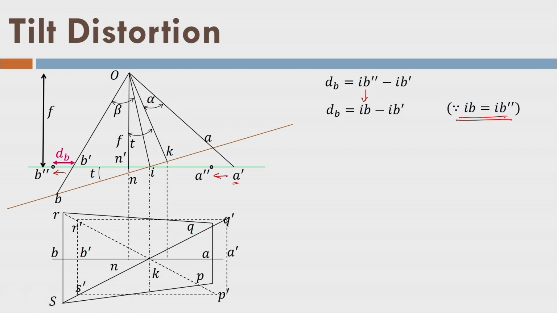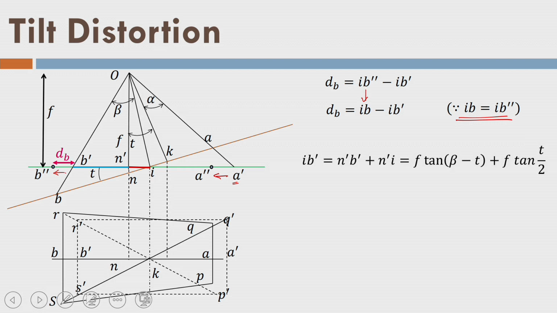right. You know the reasoning, because we have rotated the tilted image into the vertical image, right. So, I can write here dB is equal to nothing but IB minus IB dash, and IB dash itself is equal to N dash B dash plus N dash I from this simple relationship of the vertical photograph. Okay.